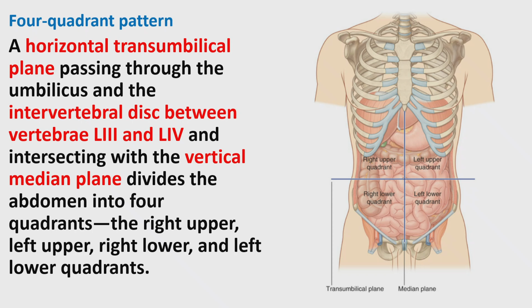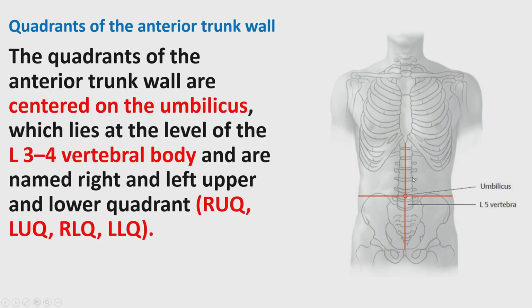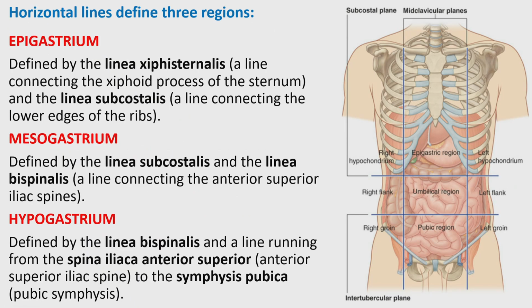This umbilical line passes through L3, L4, which is also an important landmark of this line. This is the same explanation that we said.